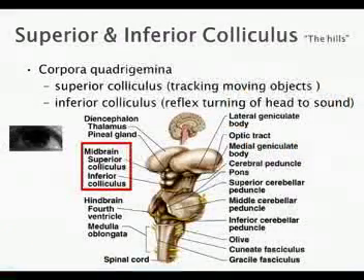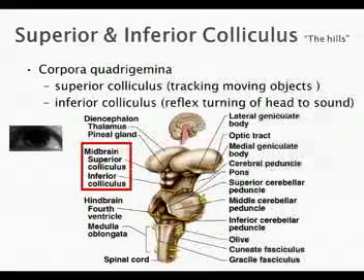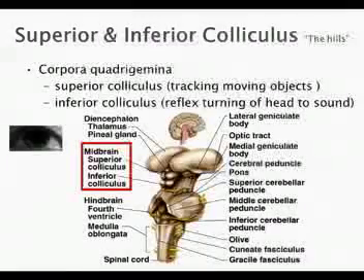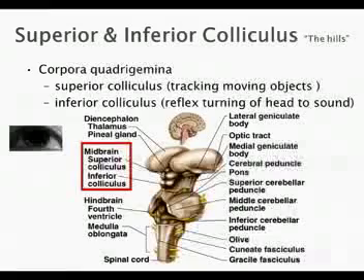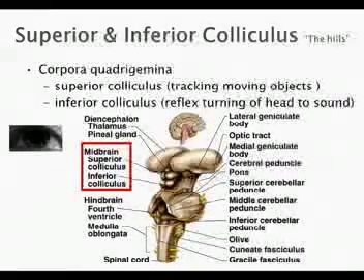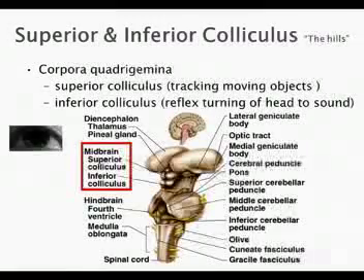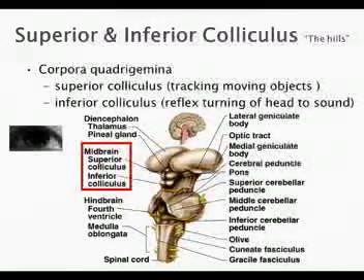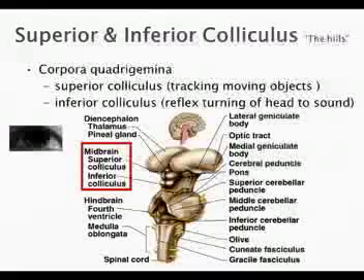And so this is the corpora quadrigemini. We'll break these into two groupings: the superior colliculus and the inferior colliculus, or the superior colliculi and the inferior colliculi. And what I would normally talk about with the inferior colliculi is if you're just walking along and not paying attention, and somebody slams a book down or makes a loud noise, the first thing you do is orient towards it.